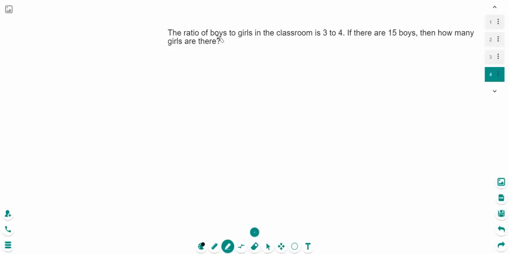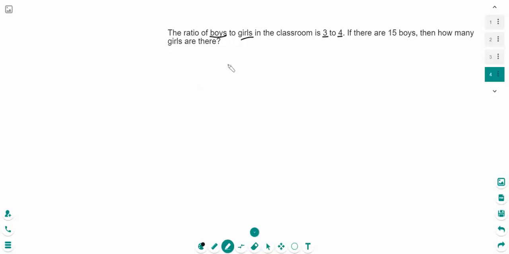Hopefully you see how that coincides: 3 boys to 4 girls. So for every 3 boys in the room, we're going to find 4 girls to those 3 boys. Now if there are 15 boys total, how many girls are there?